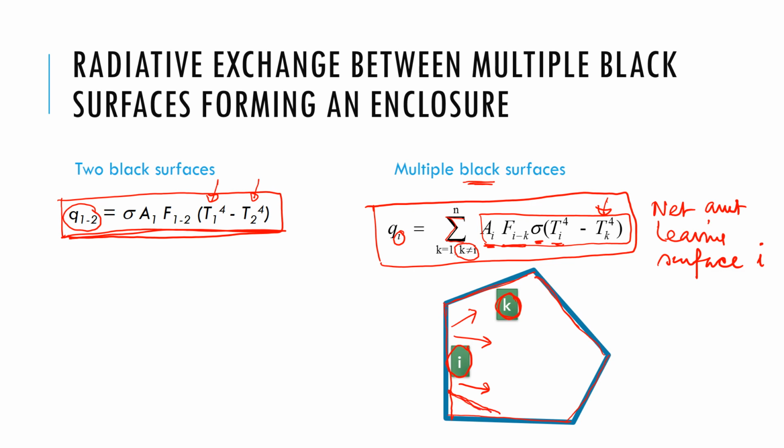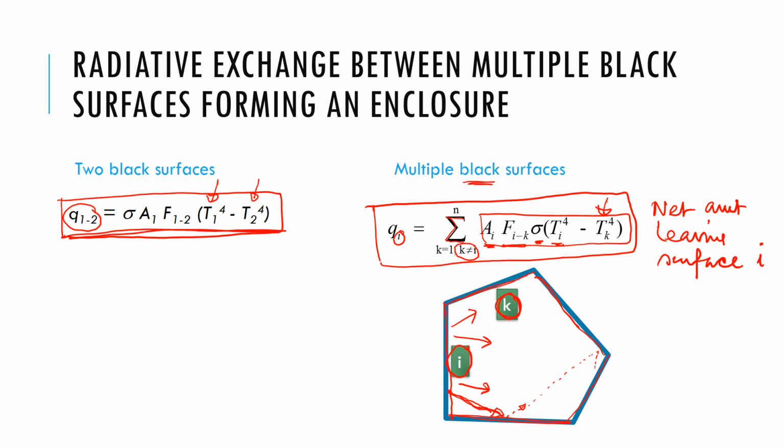The radiation leaving this surface, when it is incident on the other surface, if this were gray, part of it is going to be reflected, and we have to keep track of that. And that reflected part, when it hits this surface again, parts of it are going to be reflected. So we have to keep track of all of these if they were gray.